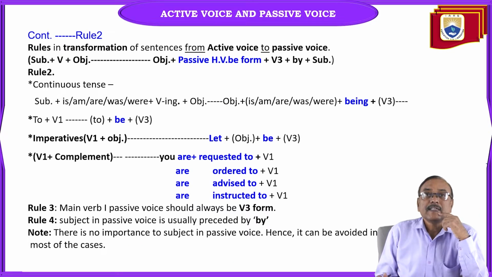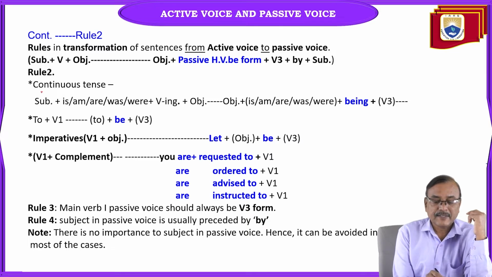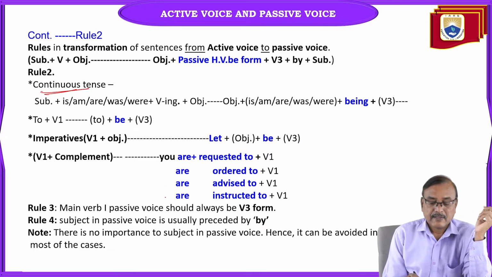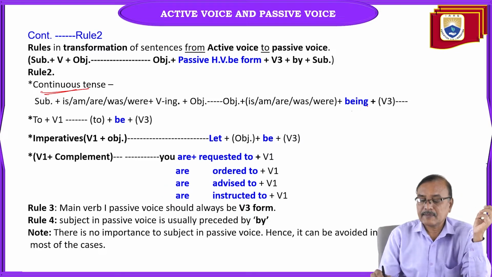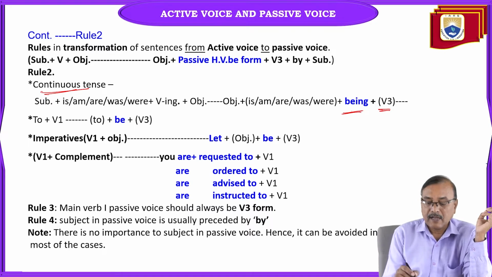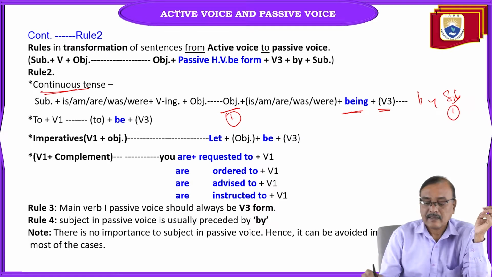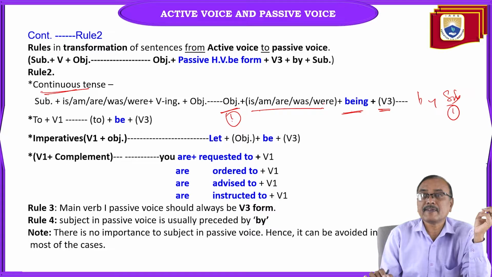Next, if it is continuous tense, you use here, before the V3 form, being. The object comes first, followed by the passive helping verb.